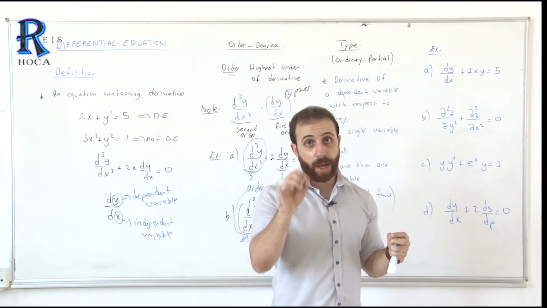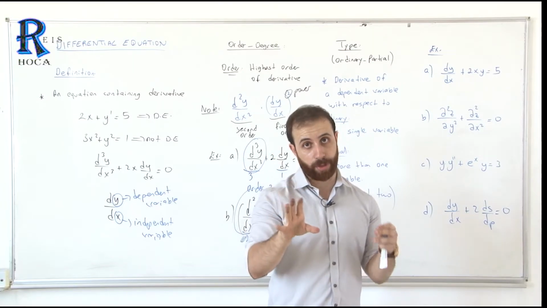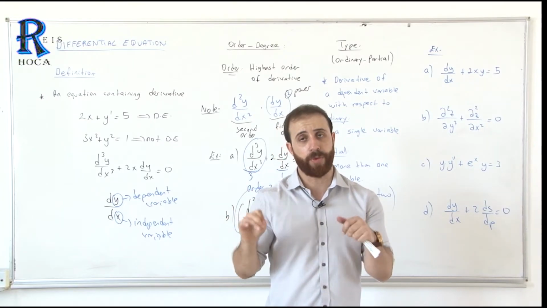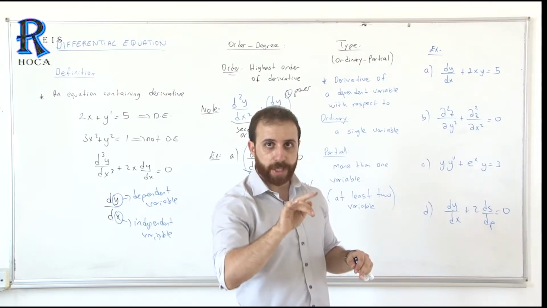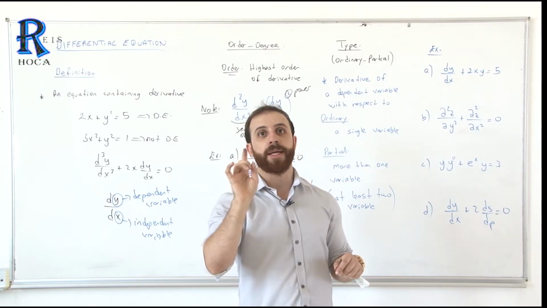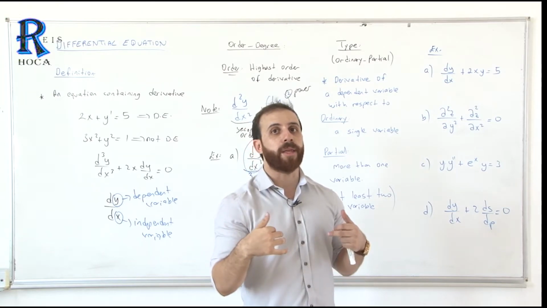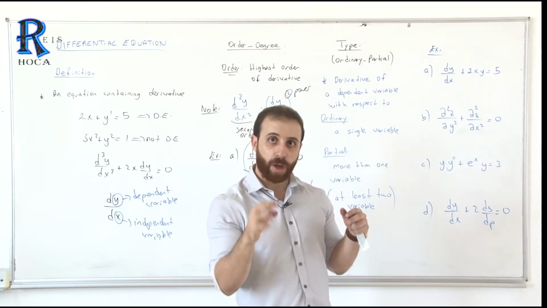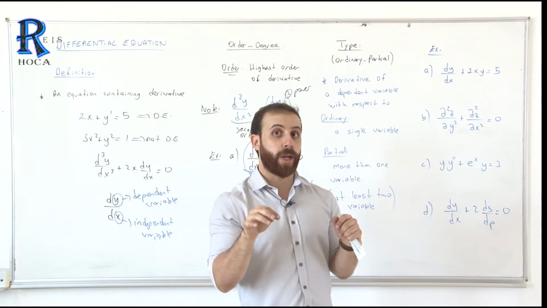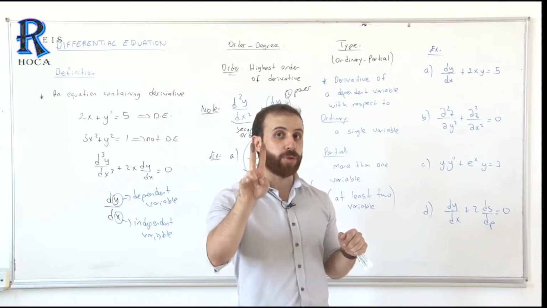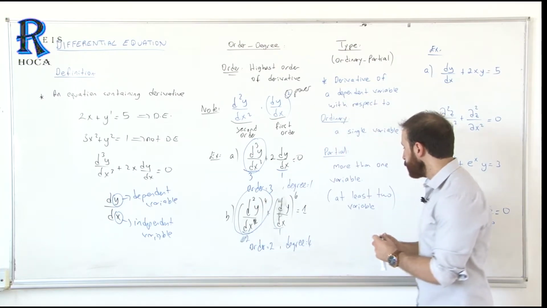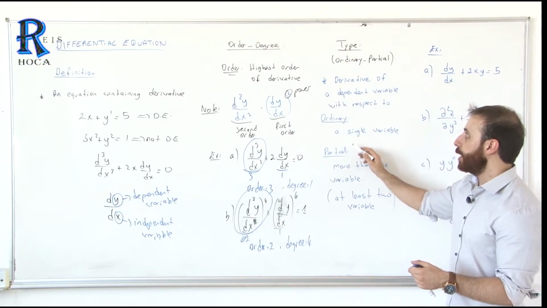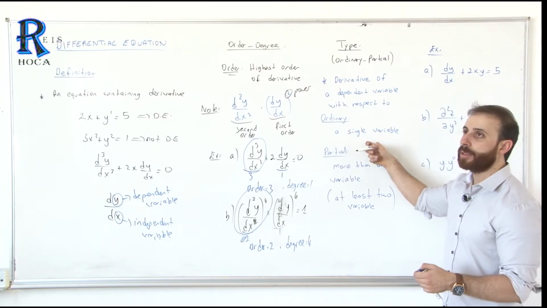If we have a derivative of a variable with respect to just one single variable, it is ordinary. But if we have a derivative of the variable with respect to more than one, that is at least two variables, it is partial. Just one variable, this is ordinary.